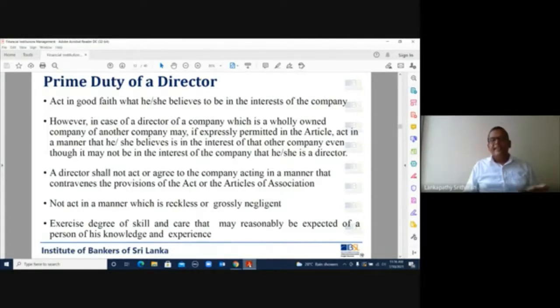But this general rule can be deviated from in some circumstances.